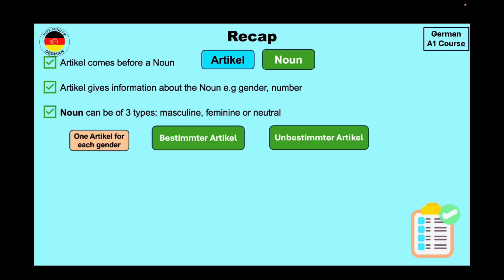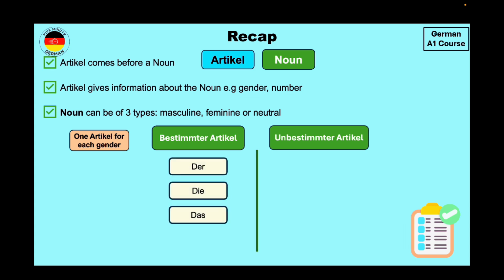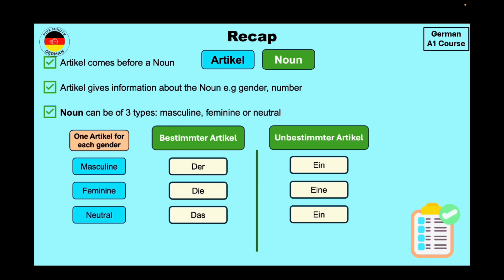And we have one article for each gender. The bestimmter articles are der, die, and das, and the unbestimmter articles are ein, eine, and ein. And we have three articles because we have three genders, which is the masculine gender, feminine gender, and neutral gender. In case of plurals, we have die as the bestimmter article, and we don't have any unbestimmter article for plurals.